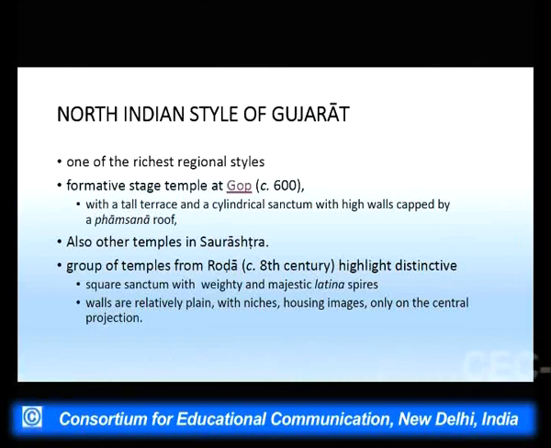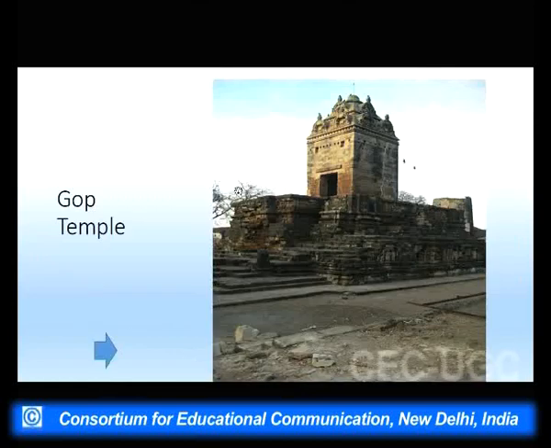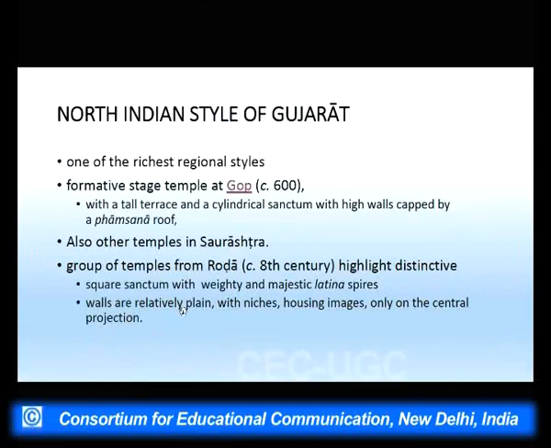The Nagara temple style is also found in Gujarat at Gop, which is the earliest temple here. Very, very simple, with an experimental roof, not really a shikhara.